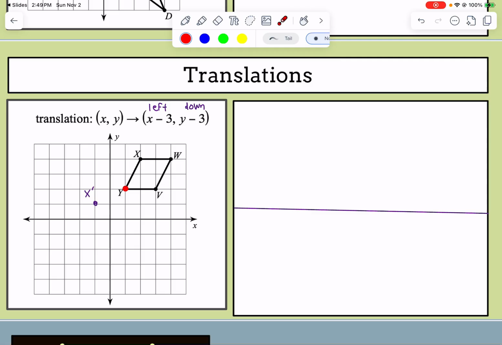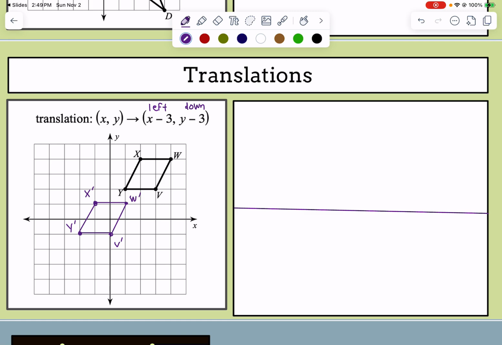So again, Y is going to go left 3, down 3. W is going to go left 3, down 3. And V, same thing. My image here is a nice parallelogram, 2 sets of parallel lines.